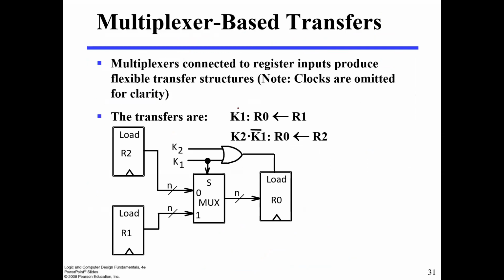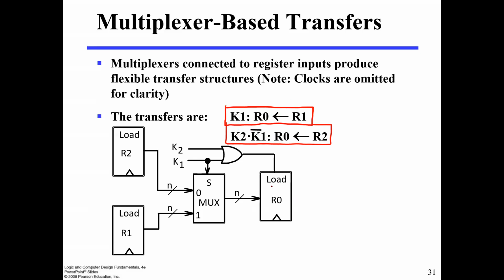Of course, we saw this operation: if k1 equals 1, load the value of R1 to R0, and if k2 and k1 bar equals 1, load the value of R2 in R0. So in hardware, how do we do that?